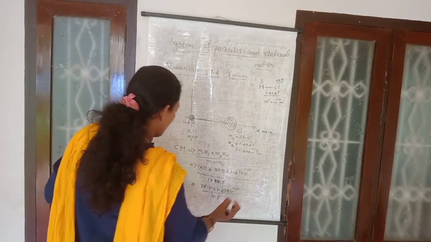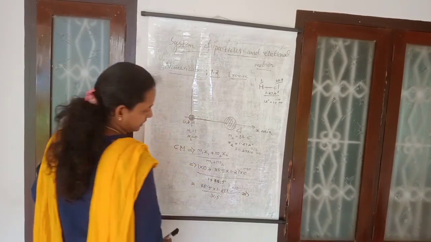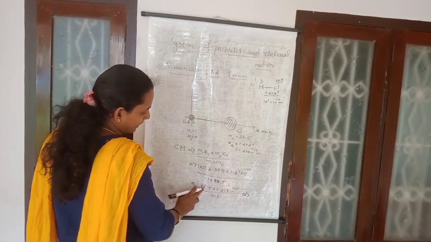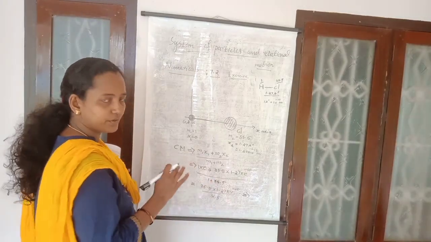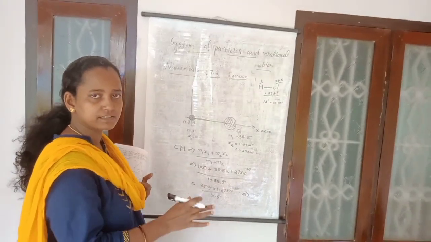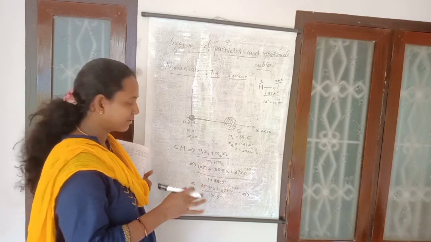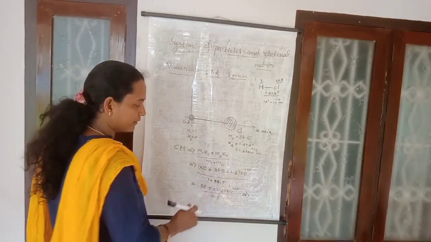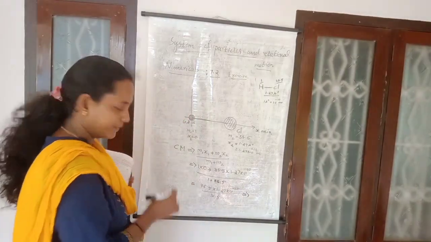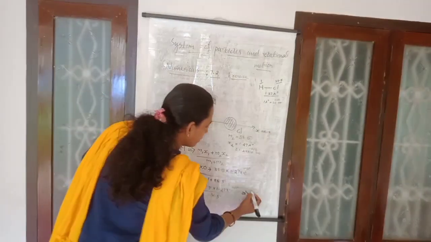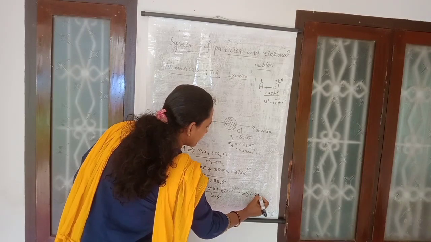On solving, this is 35.5, this is 36.5, nearly equal values. Whenever you are doing this for exam purposes, if you can't use the calculator, you can cancel the near values, or you can use the calculator and check the final answer. You will get the answer as 1.235 angstrom.